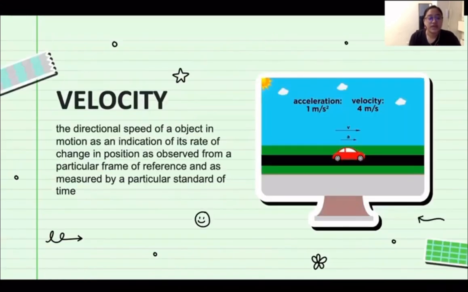It is the directional speed of an object in motion as an indication of its rate of change in position as observed from a particular frame of reference and as measured by a particular standard of time. Well, in simple terms, it defines the direction of the movement of the body or the object.